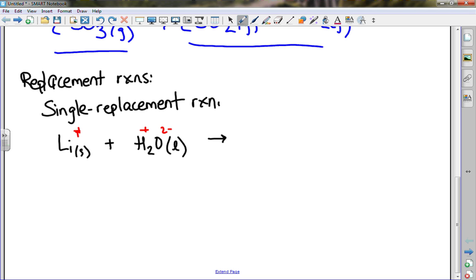So this cation wants to pair up with this anion, right? And so what you're going to get then is lithium hydroxide, and you're going to get a water or hydrogen gas.